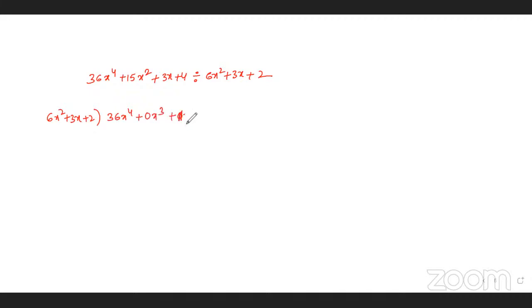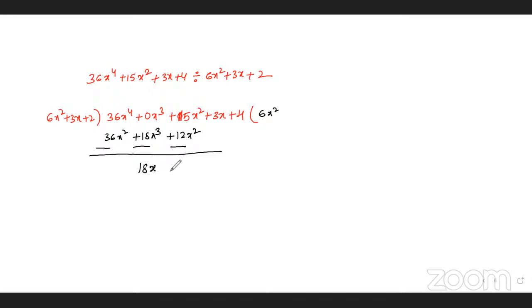Next one will be 15x square plus 3x plus 4. First one, we can take x square. So 36x square. After that 18x cube. After that 12x square we are getting.